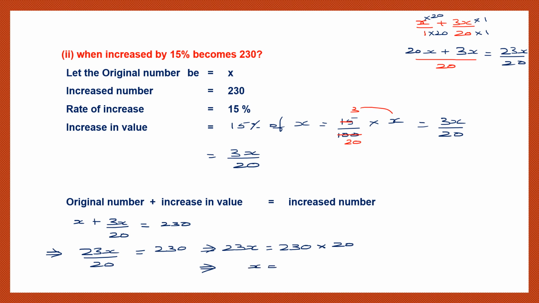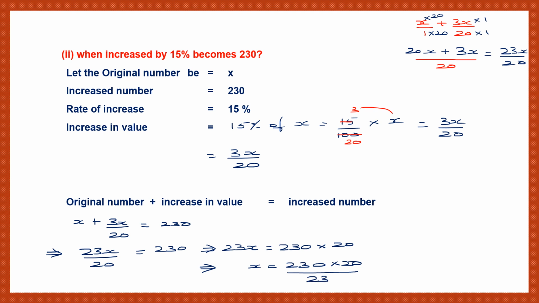So what do we say? 230 into 20. Now 23x means 23 into x. So now I'm going to move this 23 away from the left hand side. I'm going to take it to the right. So because it's multiplication, when it comes to the right, it becomes division. So it comes here.